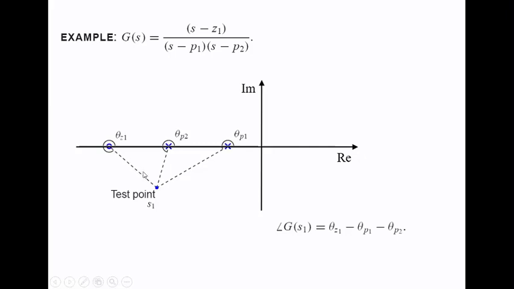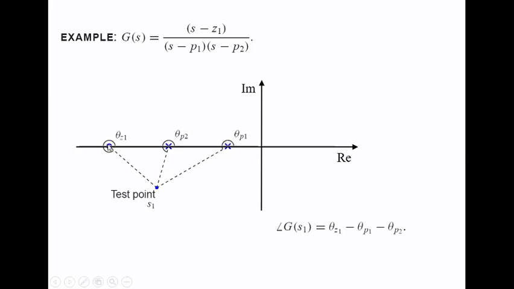If you plot a vector from here to this point, we will have an angle, starting from here, that will be theta z1. Similarly, from this pole, the angle will start from here and be measured up to here, that is theta p2. Similarly, the angle due to this pole will start from here up to this point. So this is theta p1.